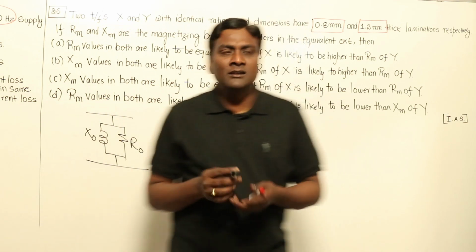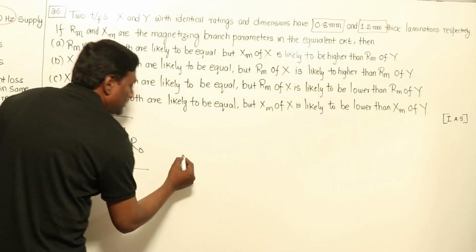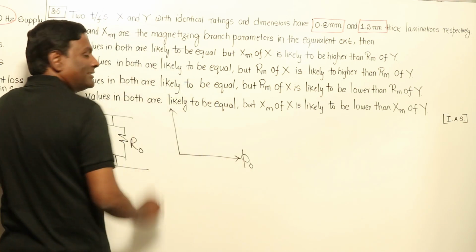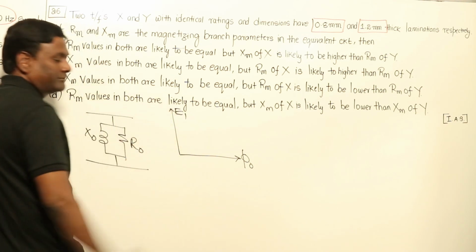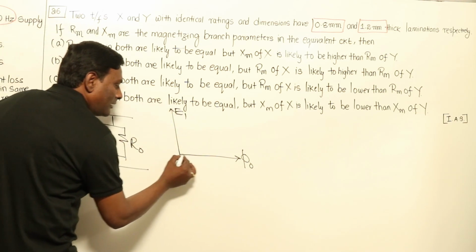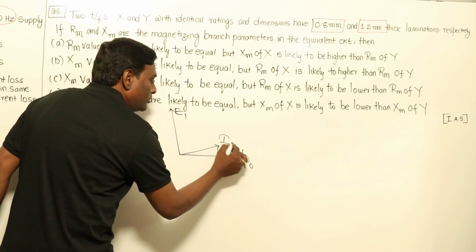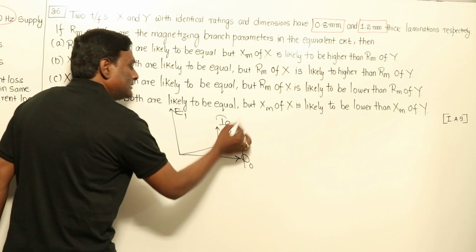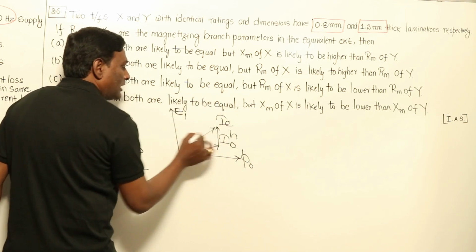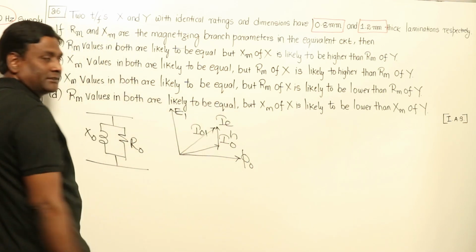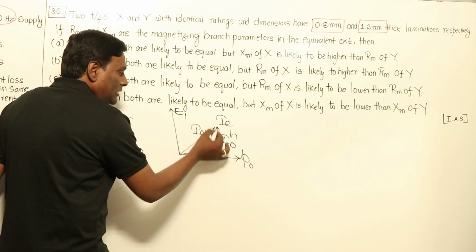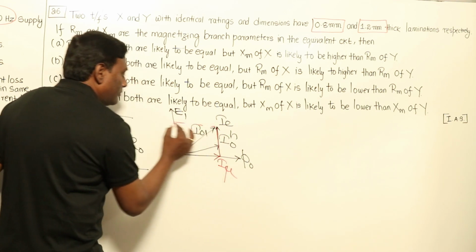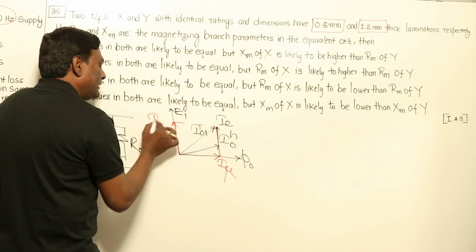Now let me draw the phasor diagram, whatever we discussed previously. This is going to be phi naught, this is going to be minus E1 or plus E1, whatever it may be. Now the no-load current component because of hysteresis and eddy current is this, such that my no-load current is I0, we discussed. Out of I0, it will be I mu and IW.